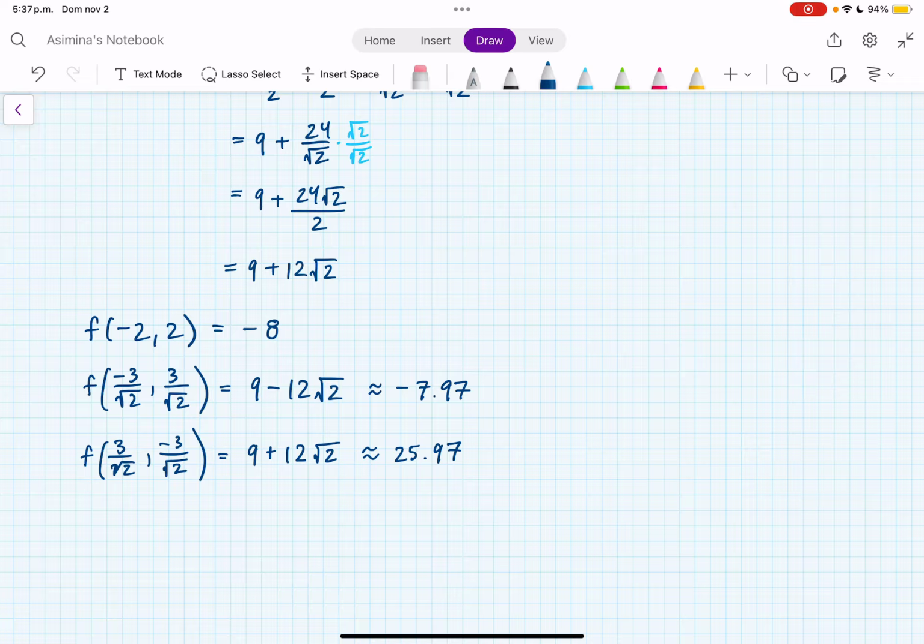Okay, so what did part 2 of the method of Lagrange multipliers tell us? It tells us that the largest one of these values is the max of f. So here we see 25.97 is the largest value from minus 8, minus 7.97, and 25.97. So we have that f max equals 9 plus 12 root 2, and that happens at the point 3 over root 2 comma minus 3 over root 2.